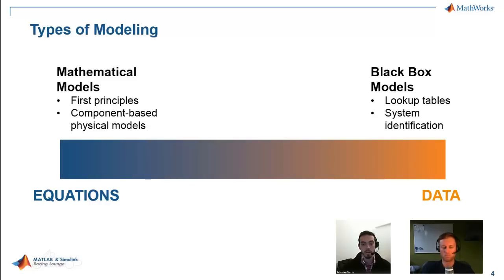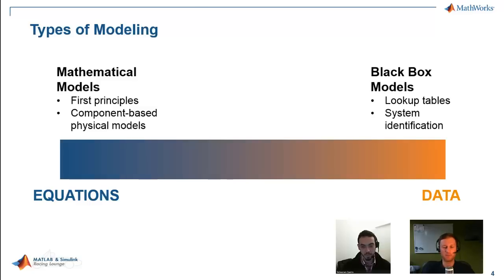But if you need a more complicated one that has something dynamic happening inside of your system that you don't know, then there are other techniques like system identification, where you don't know anything about the equations, but we can use tools that can fit equations to your data. And while it doesn't require you to know math, or at least in the same sense as the mathematical models, there is a lot of art in getting those approaches to work, as we'll see.